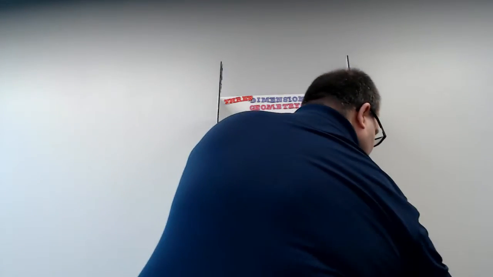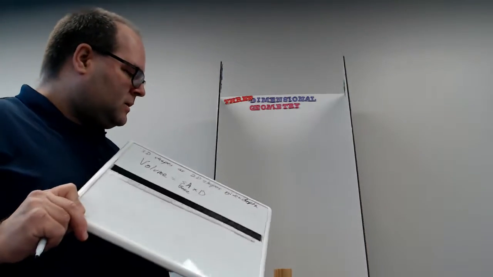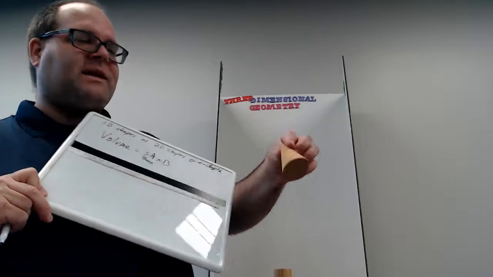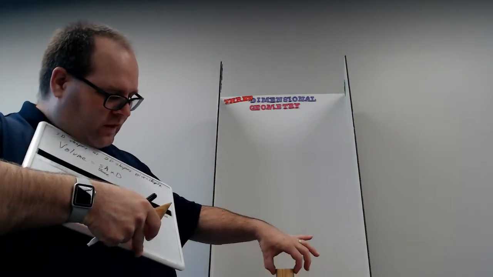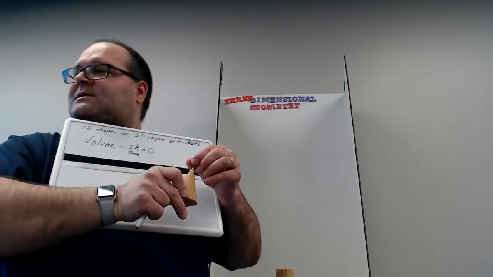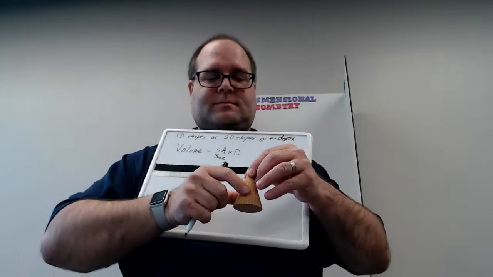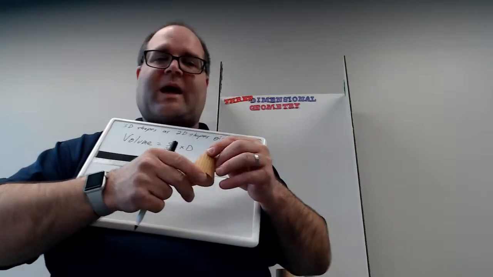What happens if the cylinder doesn't stay this uniform in its width the entire time, but instead contracts down? Okay. We have a cone.